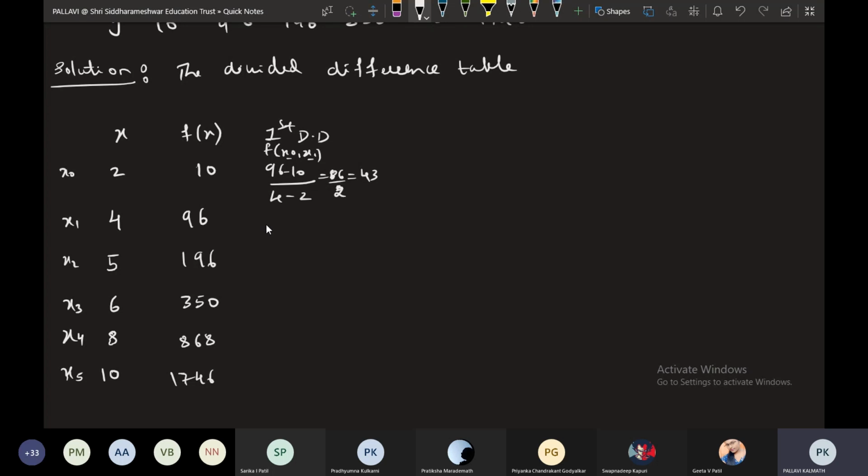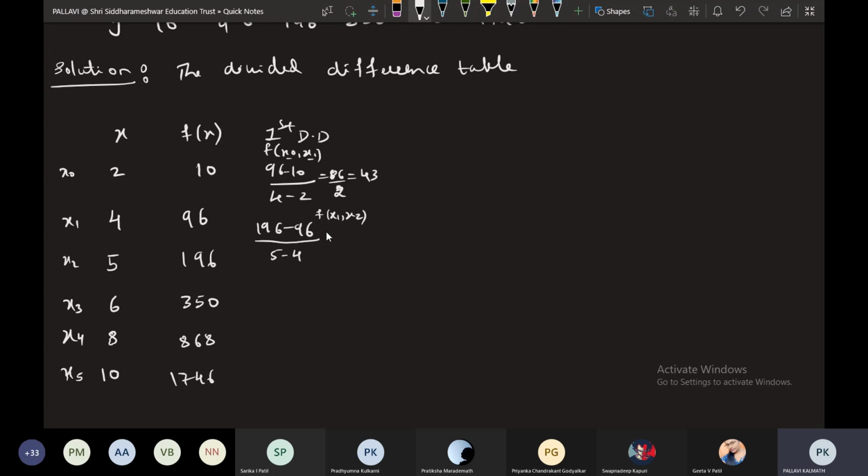Next value: 196 minus 96 divided by 5 minus 4. This term is denoted as f of x1, x2, so the difference will be x2 minus x1, which is 5 minus 4, that is 1.